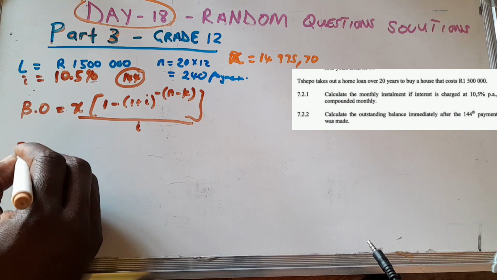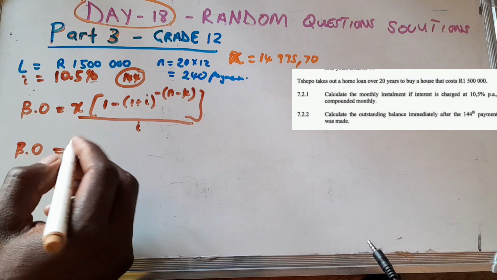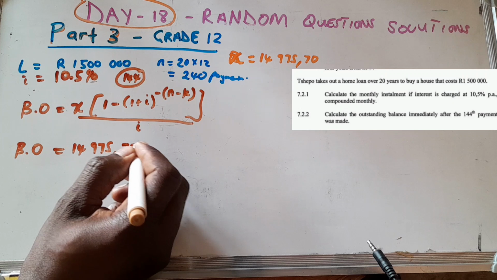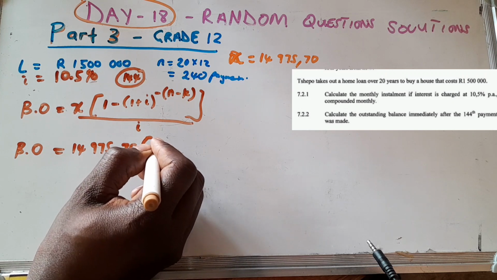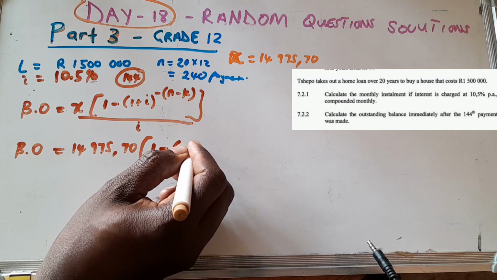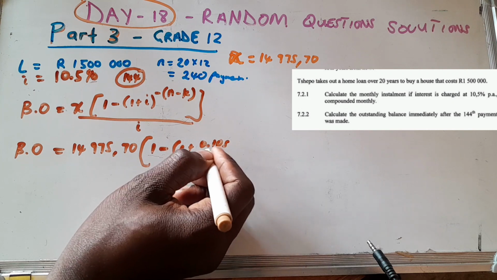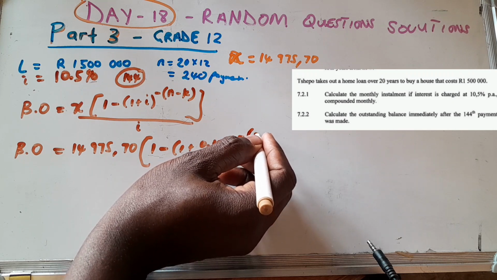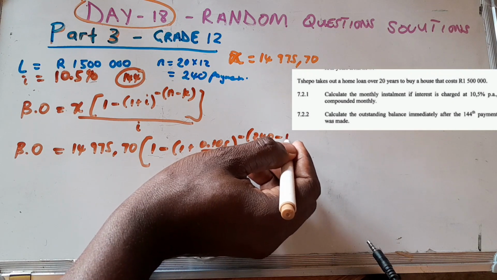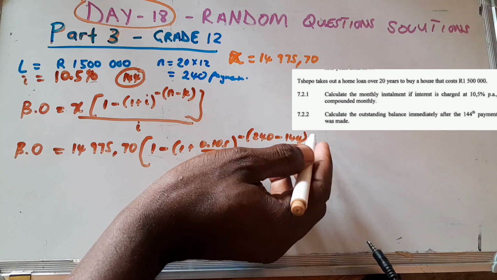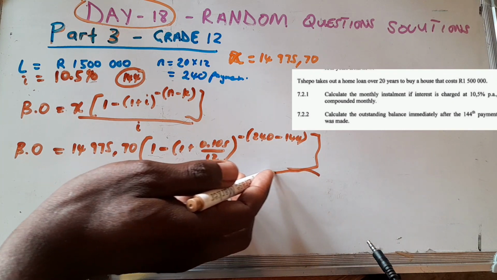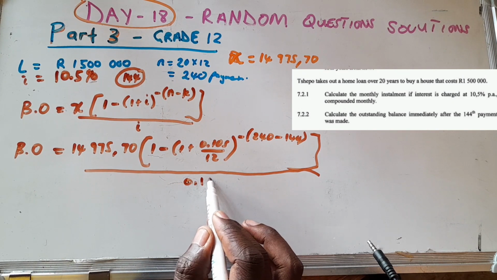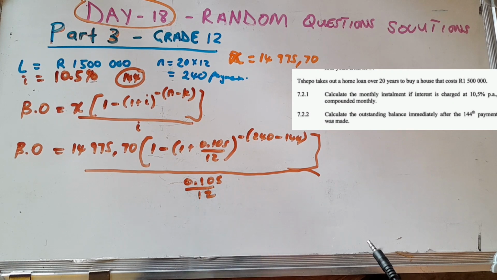So our balance outstanding according to this, we saw that x was 14,975.70, and then we have 1 minus 1 plus 0.105 over 12, to the power minus 240 minus 144, all over 0.105 over 12.